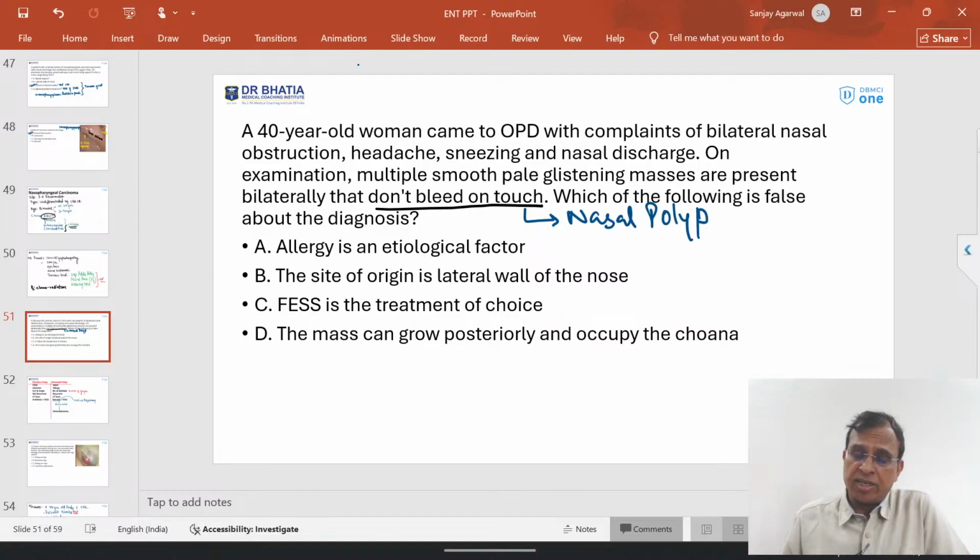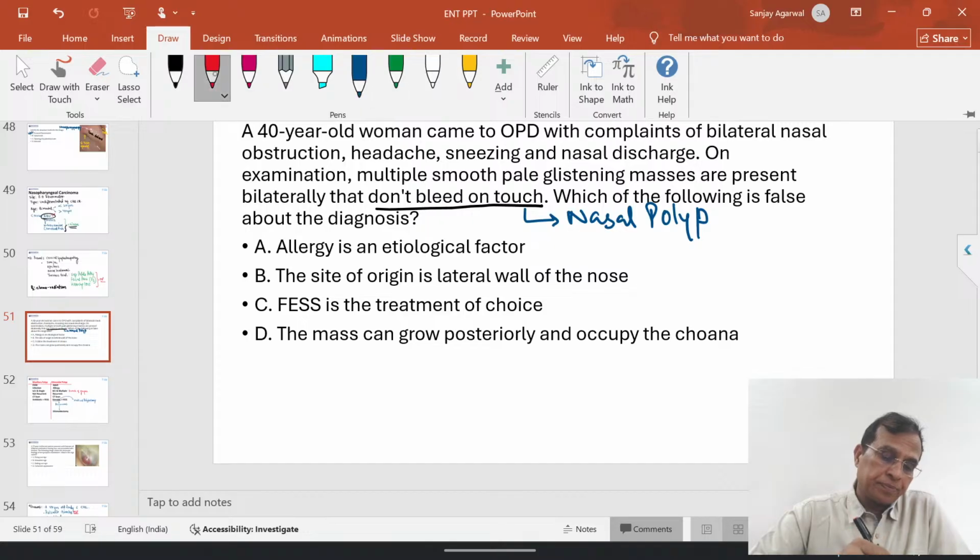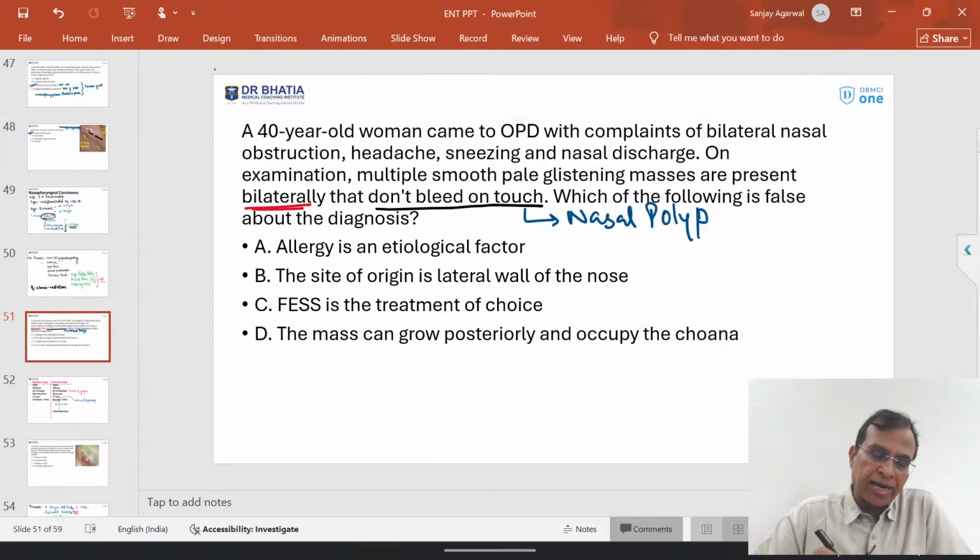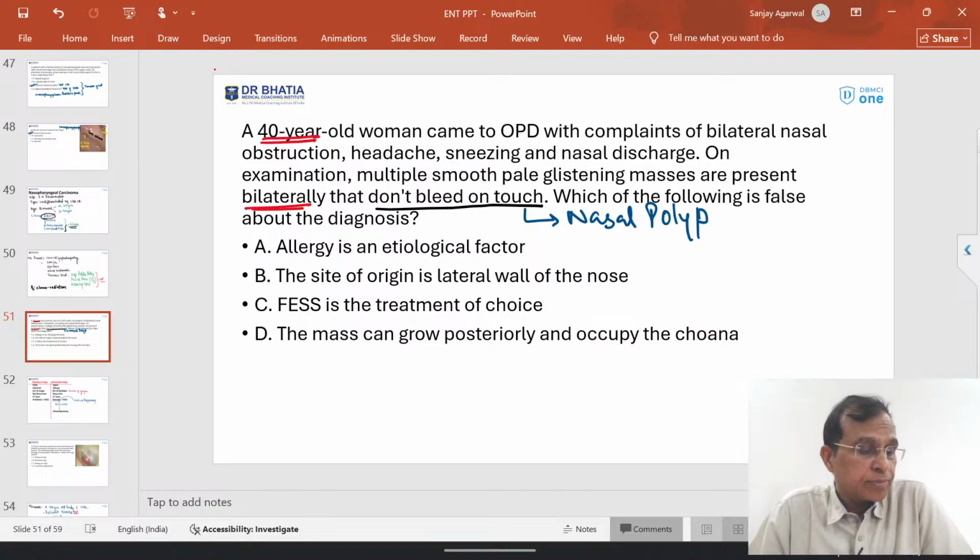I'll tell you a hint. Hint is bilateral. Bilateral and AIDS, ये दो चीज आपको हिंट दे रही है. पॉलिप है ये पता चल गया बिकॉज इट्स नॉट ब्लीडिंग. नाक में ये चीज ब्लीड नहीं होती, पॉलिप.